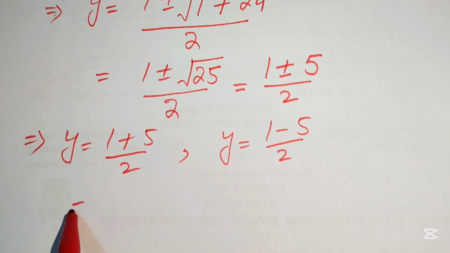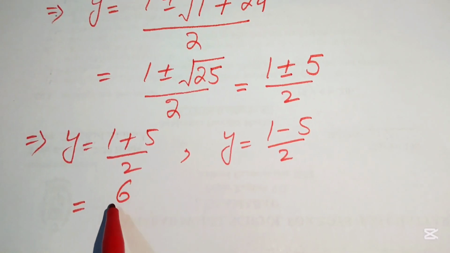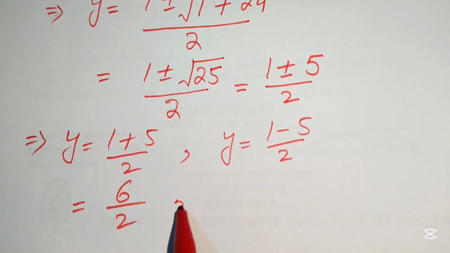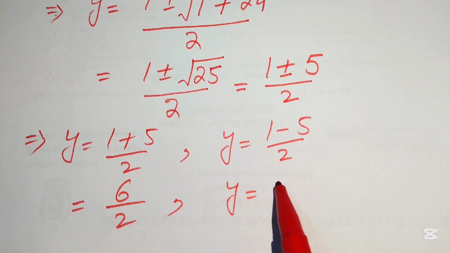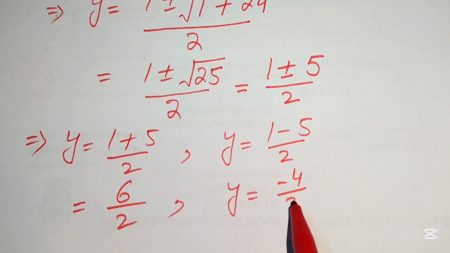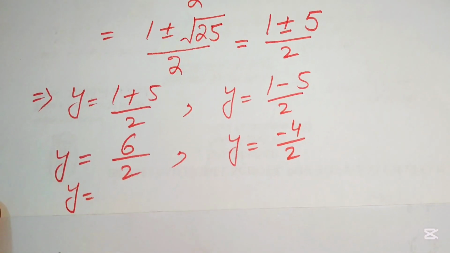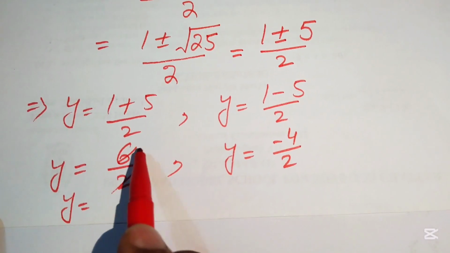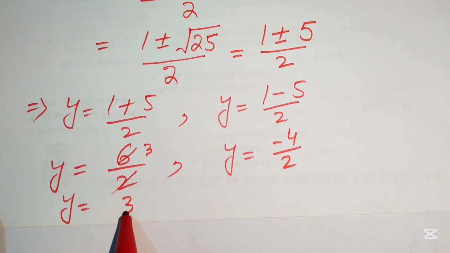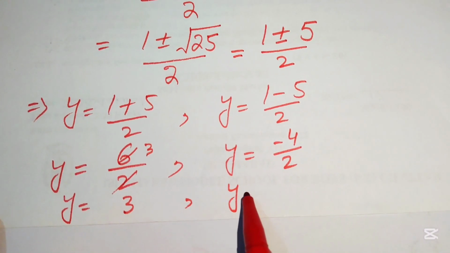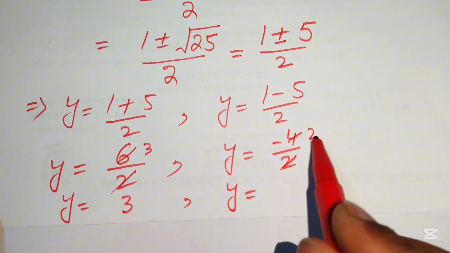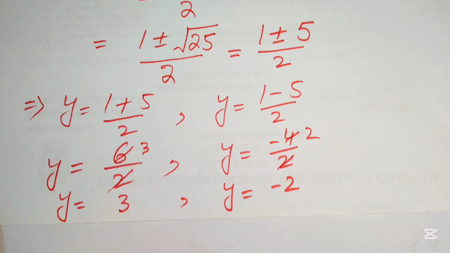In this case we have 1 plus 5 becomes 6 over 2, and in this case we have y equals minus 4 over 2. From the first case, 2 threes are 6, so we have y equals 3, and in the second case, 2 times 2 is 4, so we get y equals minus 2.